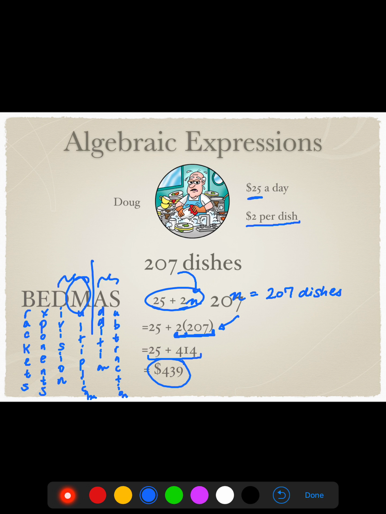We've also talked about BEDMAS, or the order of operations that you have to apply when you're asked to evaluate an algebraic expression. Whenever it says evaluate an expression, that means that you're taking a value and you're substituting it in for a variable. So in this case, it was 207 that we substituted for n, which equaled the number of dishes. Okay, and that is it.